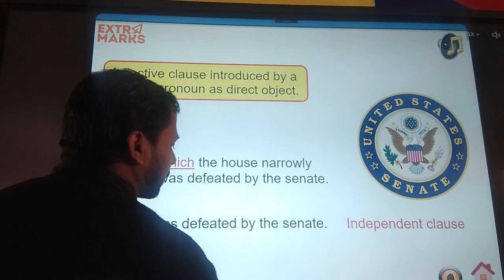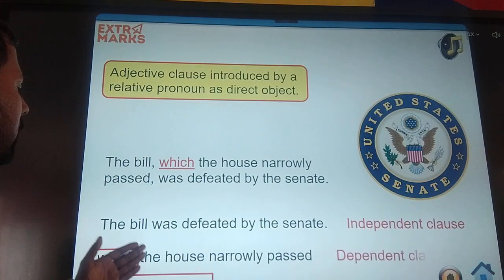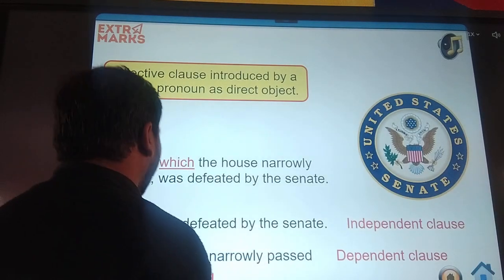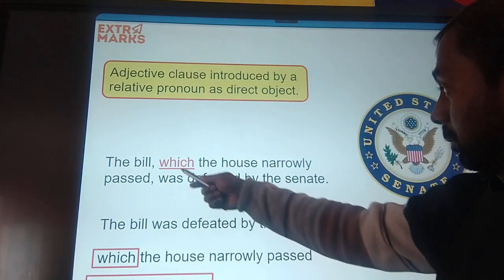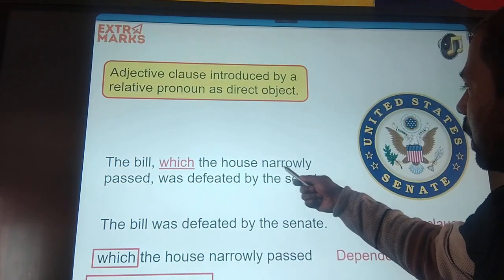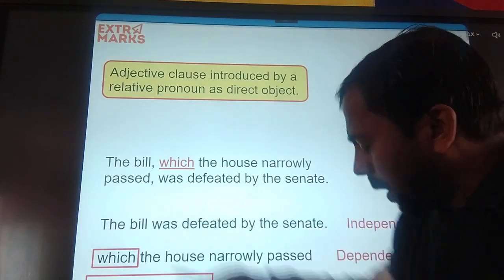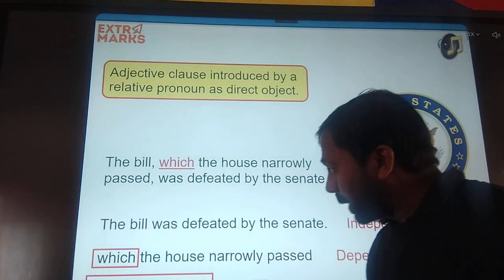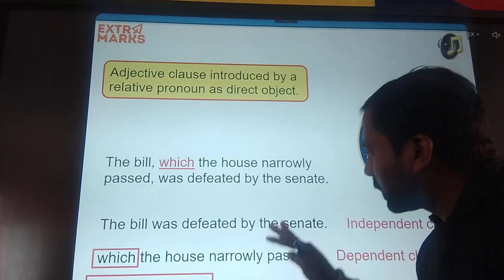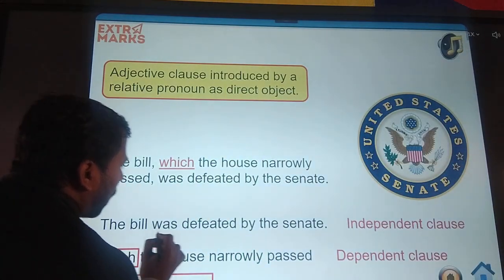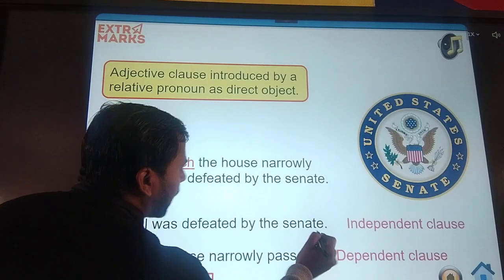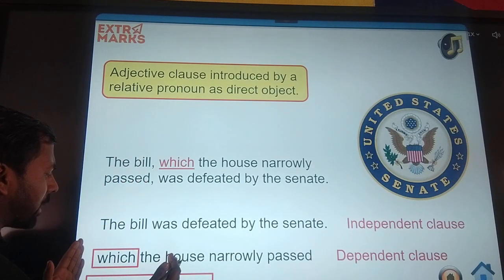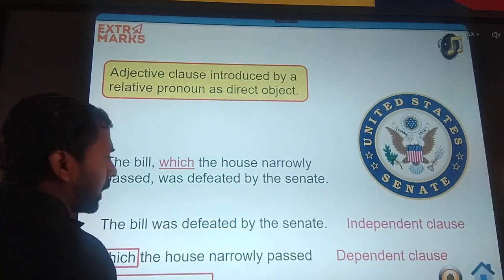And now "which the House narrowly passed" is a dependent clause with a relative pronoun. This is part of the subject. But in the second sentence, "the bill was defeated by the Senate" and "which the House narrowly passed" is used as an adjective. Which kind of pronoun is it?